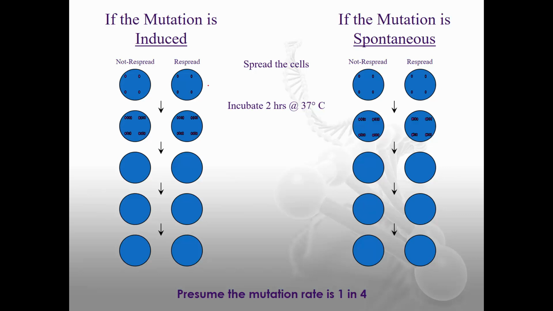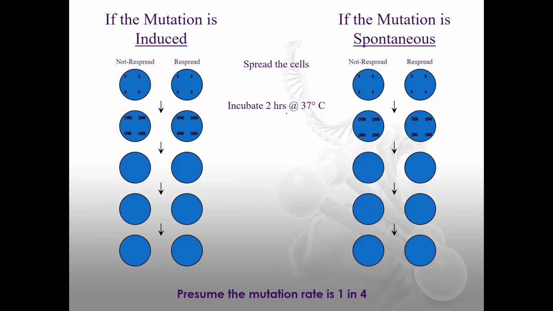You won't be able to see them yet because they just went from 1 to 2 to 4 cells, but they're the beginning of a colony. And so what I drew here was 4 little cells where that one was, right? And they grew clonally. And so this one cell became these 4 cells and they're identical, right? And so that happened on both plates, whether the mutation is induced or spontaneous.